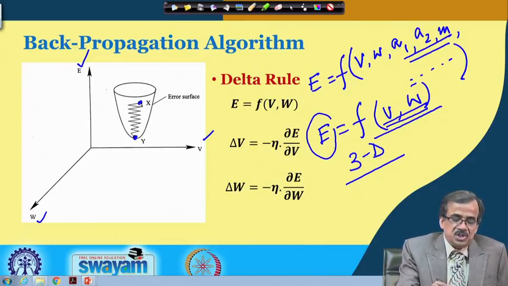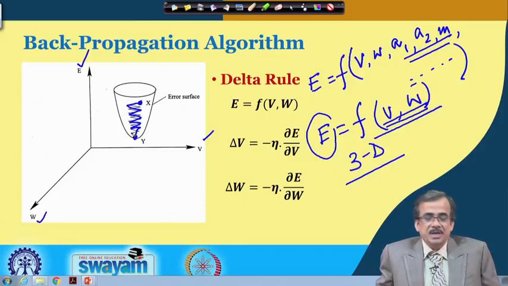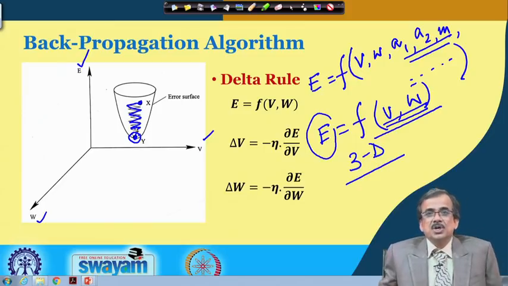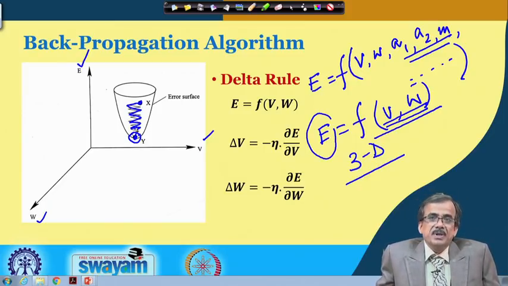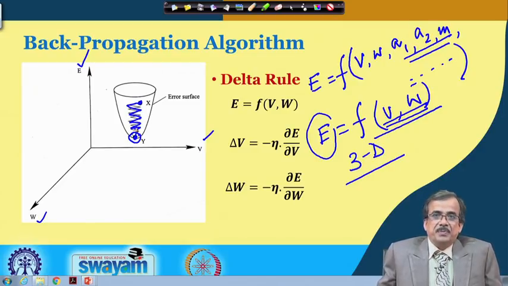So, we start from here, then through a large number of iterations we try to move gradually towards the minimum error solution. During the training the network is going to reach this particular state, so that if we send a set of inputs, it will be able to predict the output as accurately as possible.